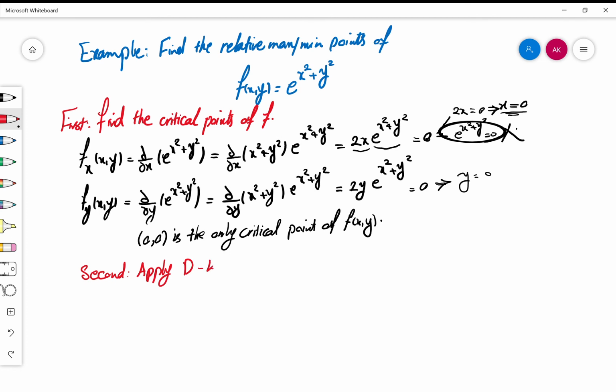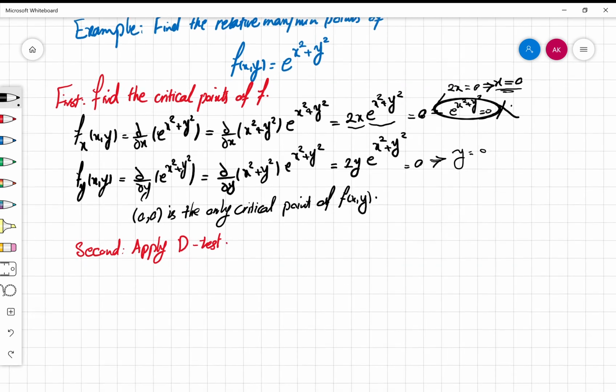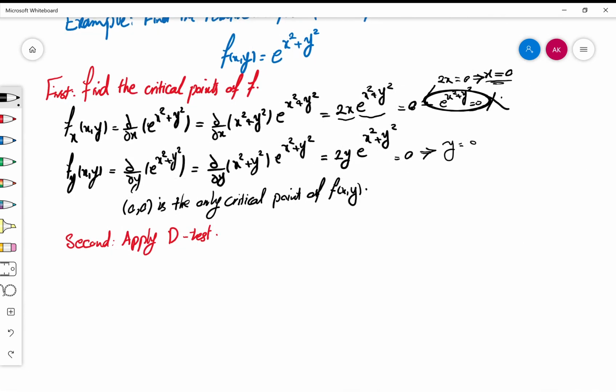For the D-test, we have to start with D itself. Let me recall what was D. D is, for any critical point given, in this case (0, 0), fxx at (0, 0) times fyy at (0, 0) minus fxy at (0, 0) squared.